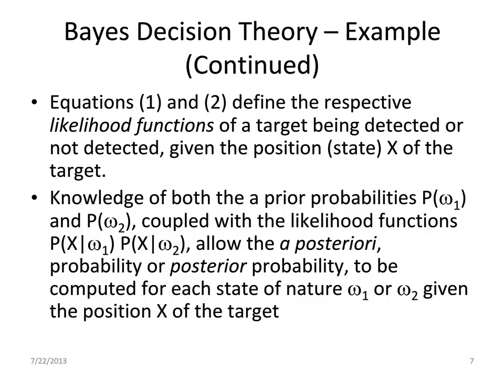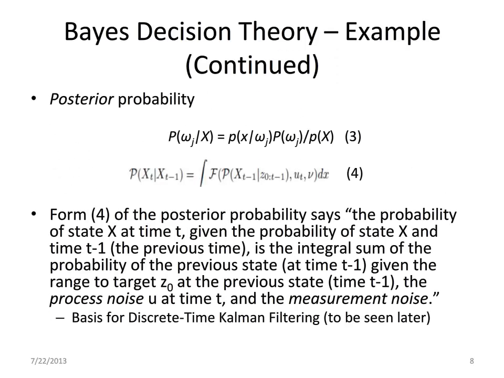You'll see equations 3 and 4 are computations of the posterior probability. 4 is the integral form. Form 4 says the probability of state at time t given the probability of state x at the previous time t minus 1 is the integral sum of the probability of the previous state at time t minus 1, which is the previous time, given the range of target z naught at the previous state, and the process noise u at time t and the measurement noise.